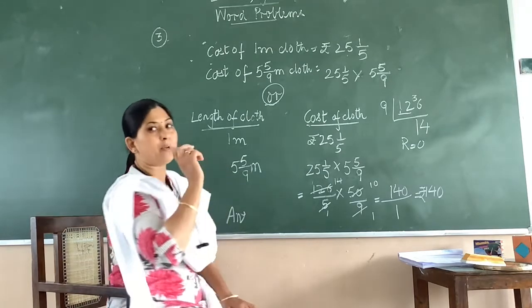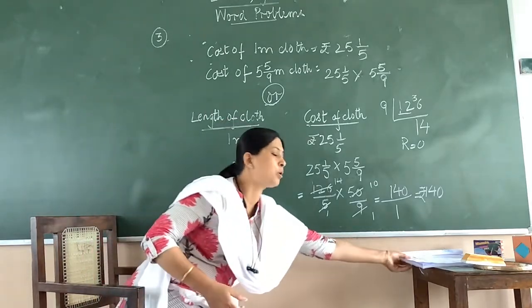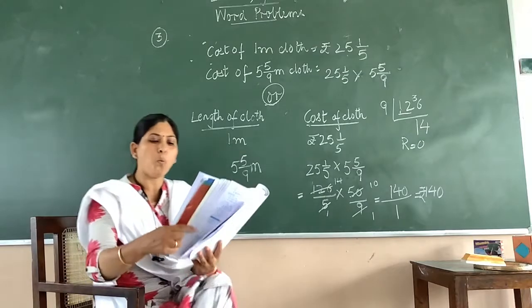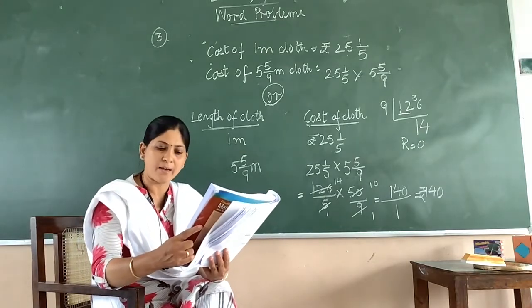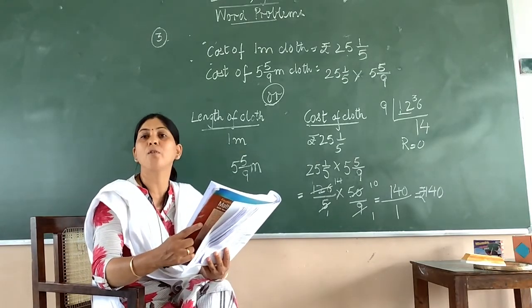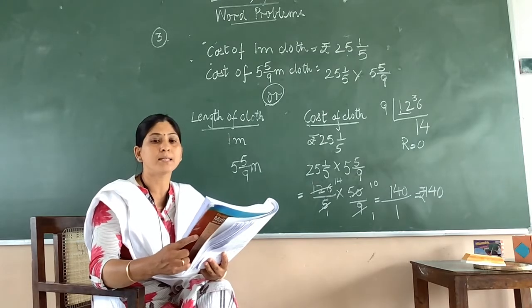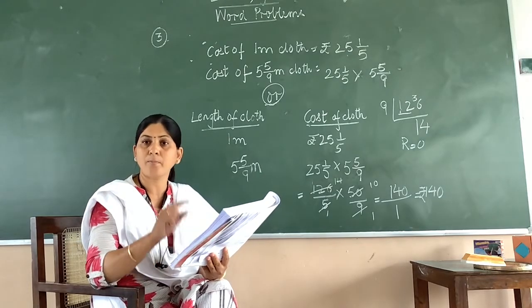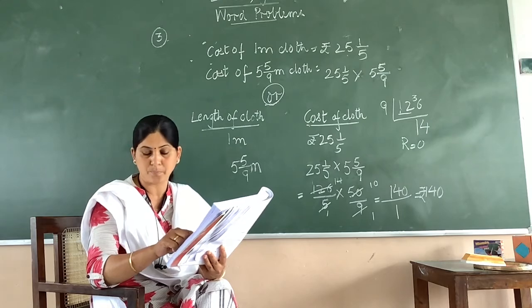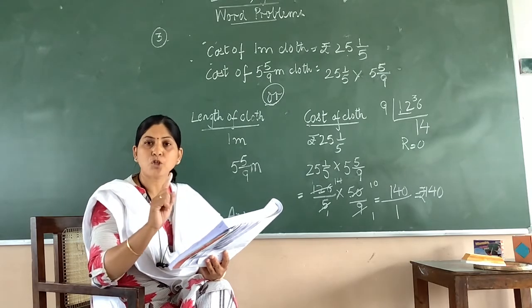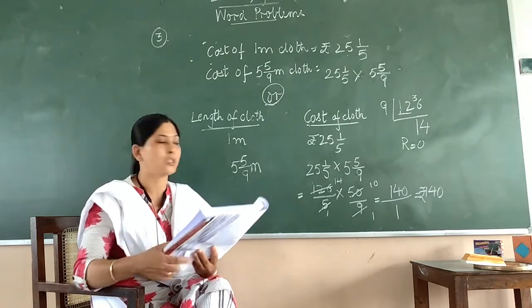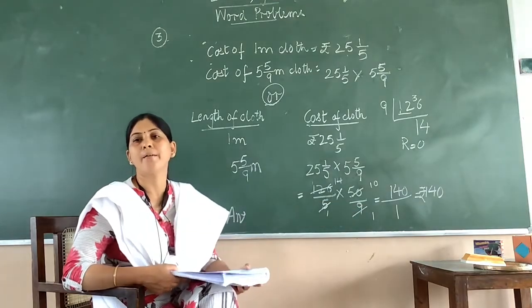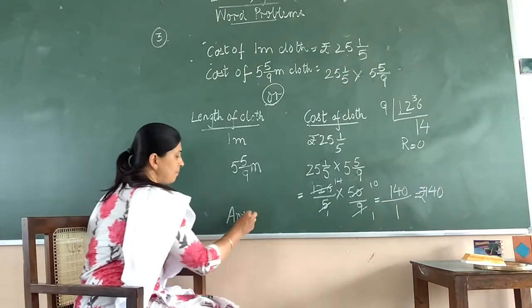Now see, read the question part. The question is, what is the cost of 5 and 5 over 9 meter of cloth? So what will be your answer statement? You will take the answer statement from the question part of the problem. You will write: cost of 5 and 5 over 9 meter of cloth is 140 rupees. Let me write here, children.